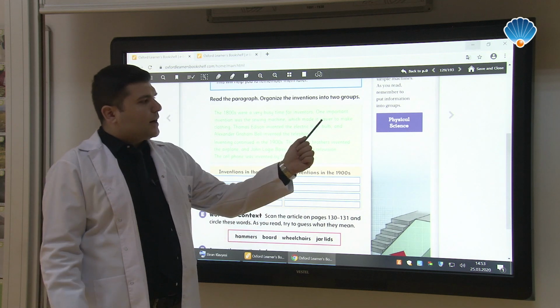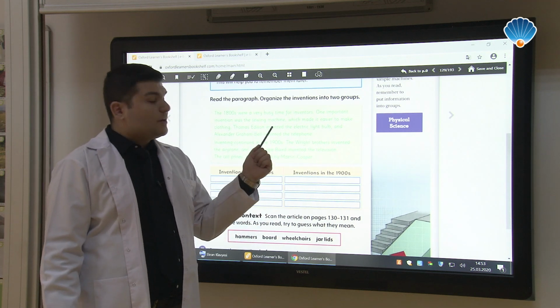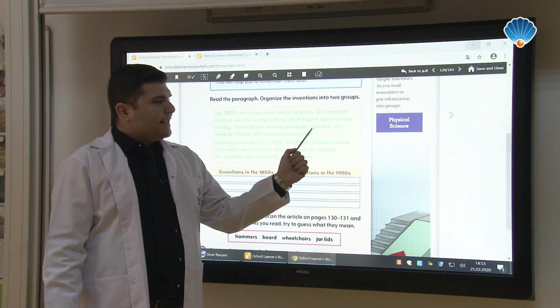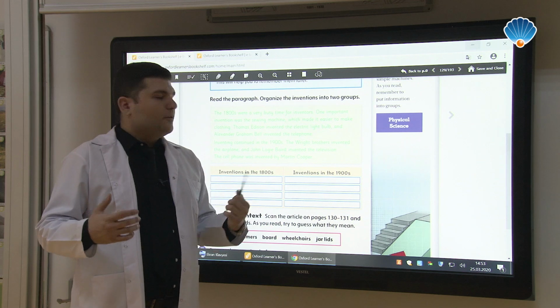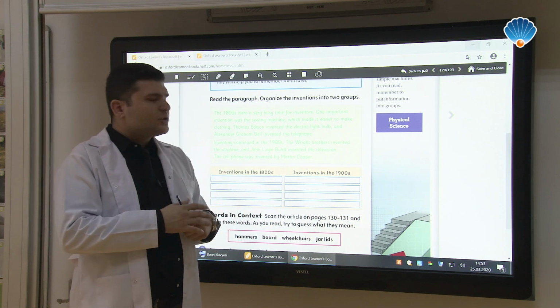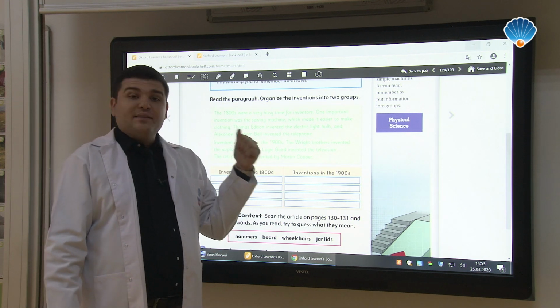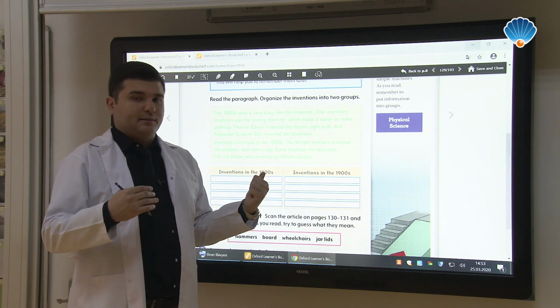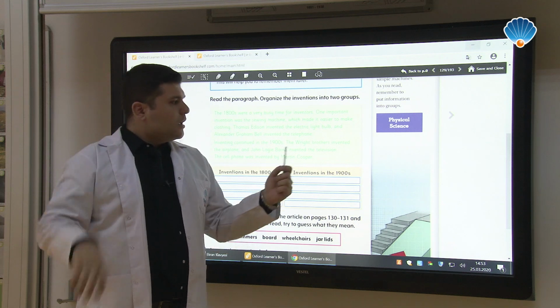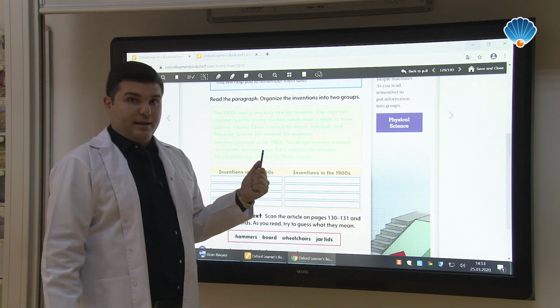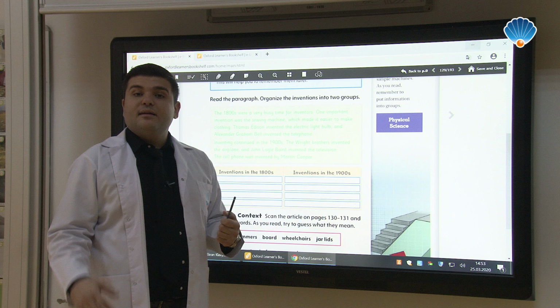And it says one important invention was the sewing machine, which made it easier to make clothing. You know what is clothing, right? We are using it every day. So Thomas Edison, I hope you know Thomas Edison very well. He invented the electric light bulb, and Alexander Graham Bell, right, invented the telephone.